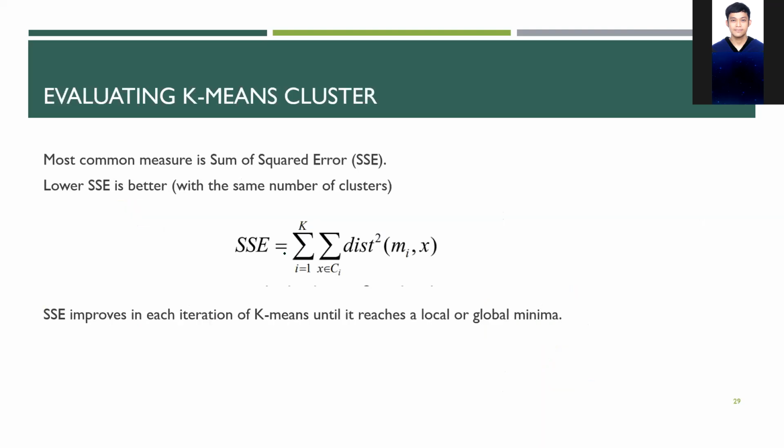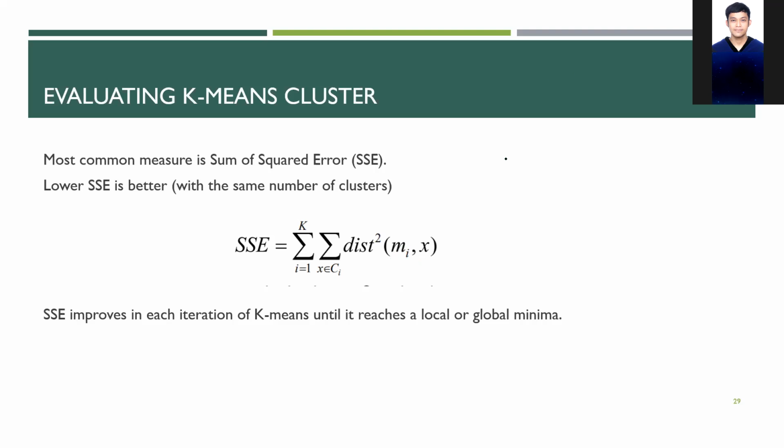And how do we evaluate our result? For k-means, there are many cluster validity measures, which I will show you later, but the most common and most basic one is the sum of square error. The sum of square error is basically the total distance between each data point and its cluster centroid.